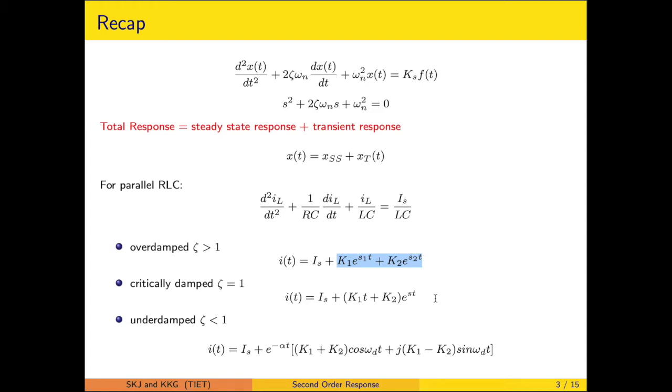In case of critically damped also, the response is exponentially damped. However, in case of the underdamped arrangement, it is exponentially damped but oscillatory in nature. So the crux of this is the calculation of coefficients K1, K2 with the help of initial values of current, voltage and their derivatives.